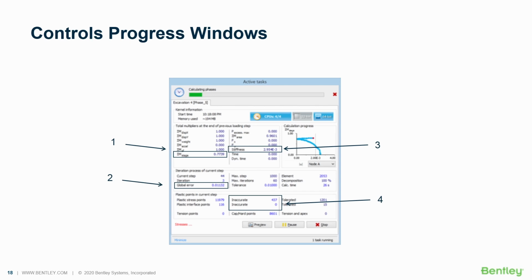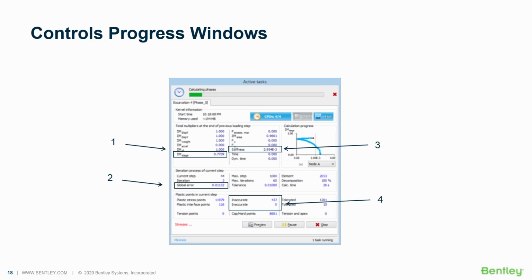The other thing you should look into is the global error, number 2. The global error is the error you accept to judge whether a given iteration, a given step, is completed. It's set to 1%. So that's also an indication.